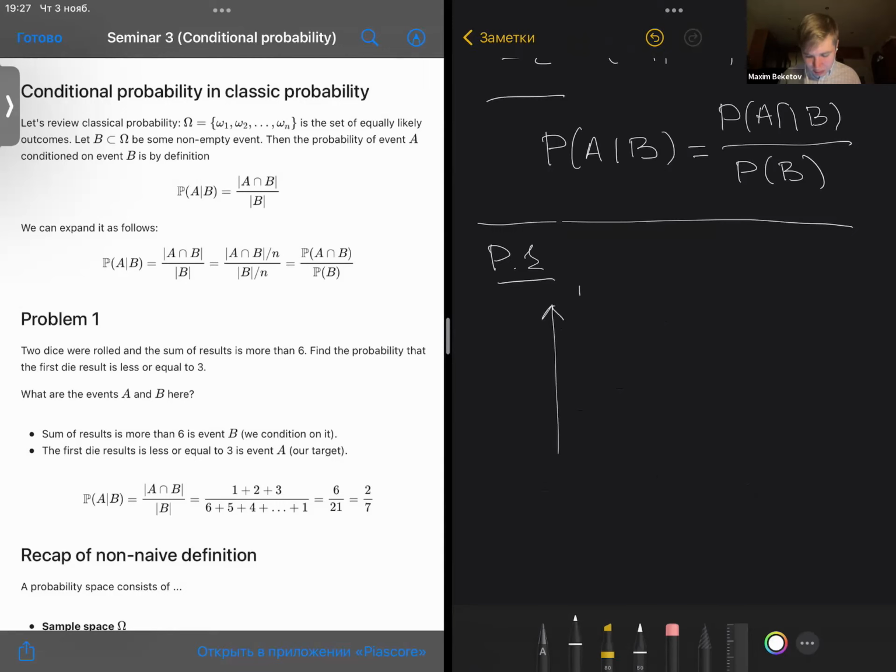So die number 1 and die number 2, and you have 1, 2, 3, 4, 5, 6, and 1, 2, 3, 4, 5, 6, right?